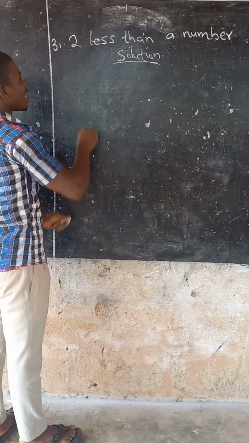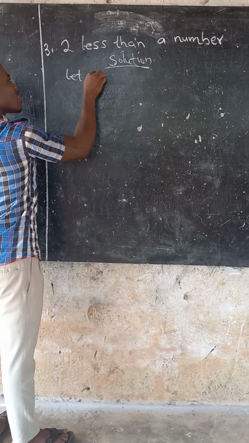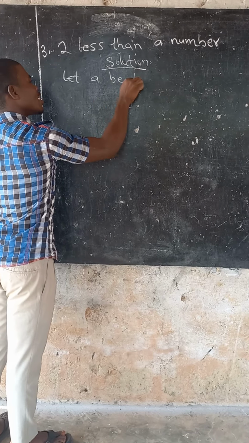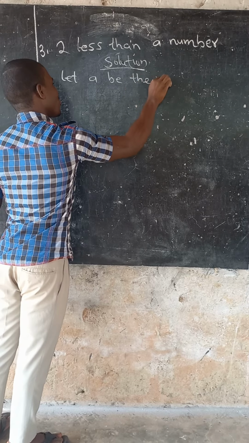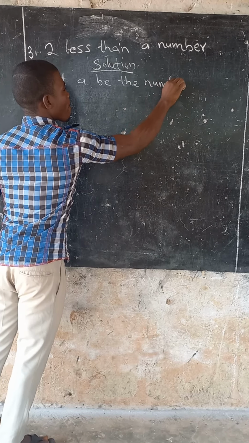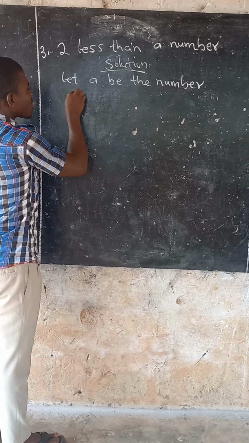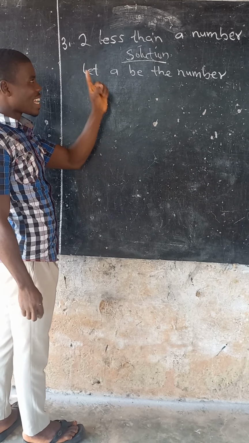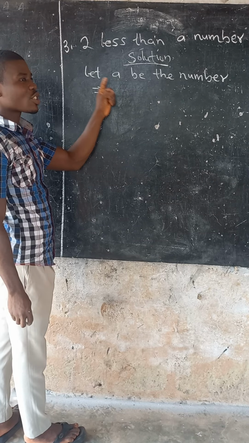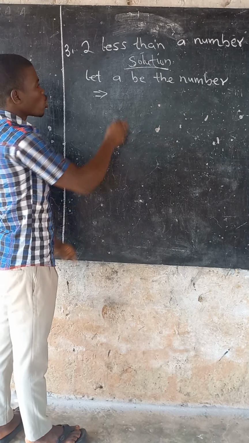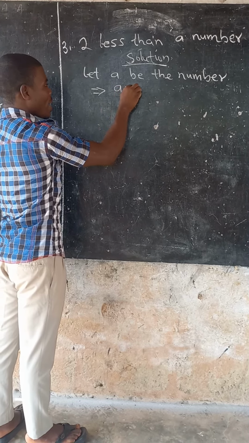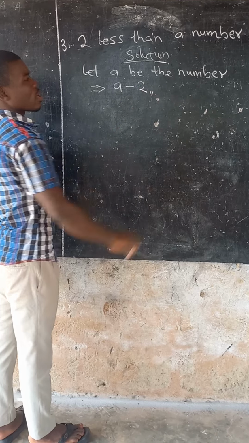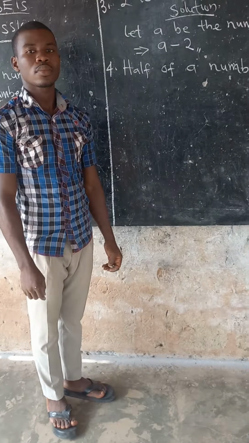So let A be the number. This implies that it said less. 2 is less than the number. It means A is greater than 2. So it's A minus 2. That's all. Let's look at another one.